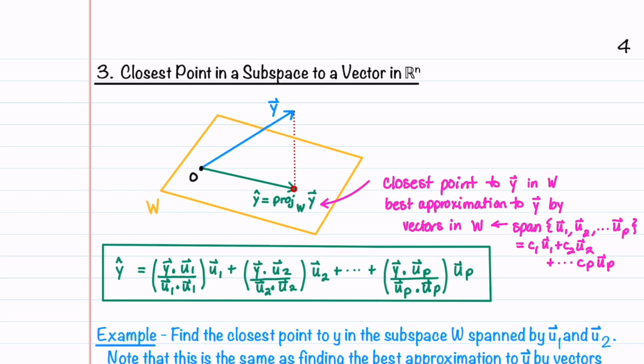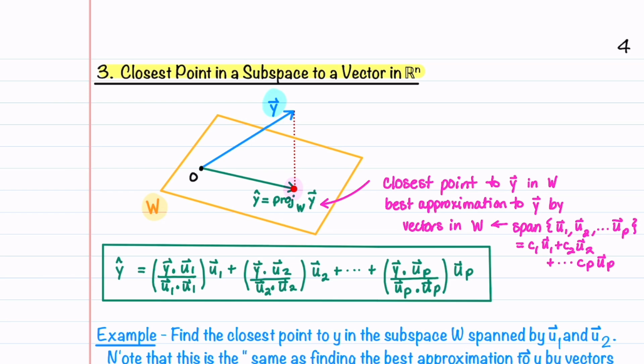Let's now learn how to find the closest point in a subspace to a vector in Rn. In the diagram below, the closest point in subspace W to vector y is going to be the point where vector y is projected orthogonally down onto our subspace.